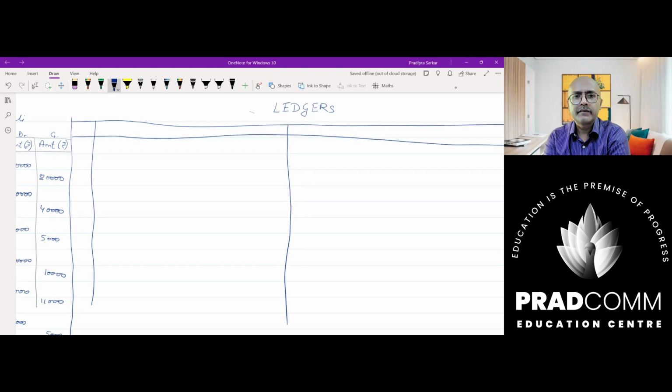Then, just at the side of the middle, you draw another one. So here we got two date columns.